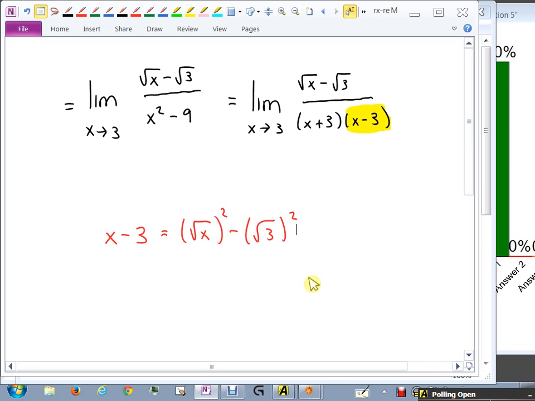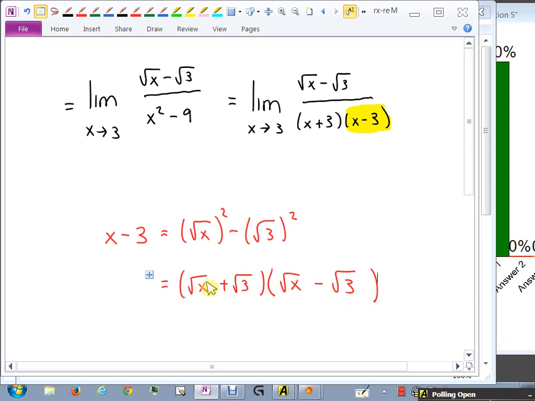So don't you really have now a squared minus b squared? So you could factor that as what? Square root of x plus root 3, square root of x minus square root of 3. You could do that.